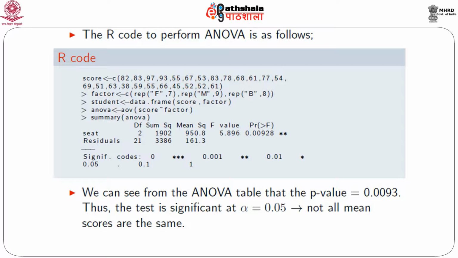We can see from the ANOVA table that the p-value equals 0.0093, thus the test is significant at alpha equal to 0.05, so not all mean scores are the same.